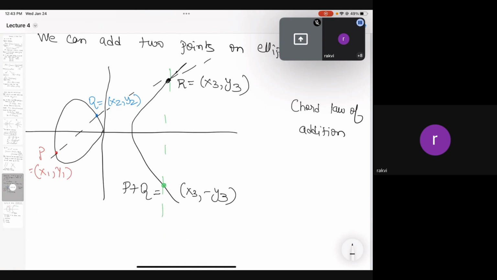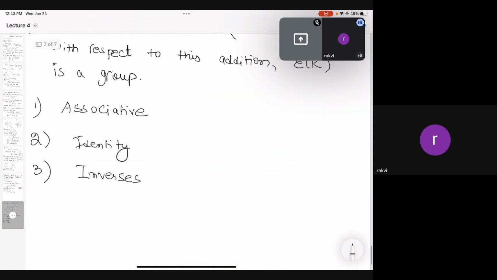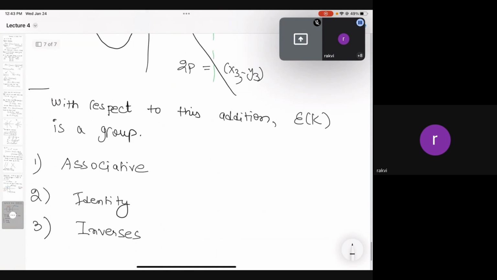But it can be verified once we write down the equations. So associativity can be checked by equations, not really visually. Identity is easy to check. So let's see, do we have a guess for identity? What should be the element that constitutes the identity?